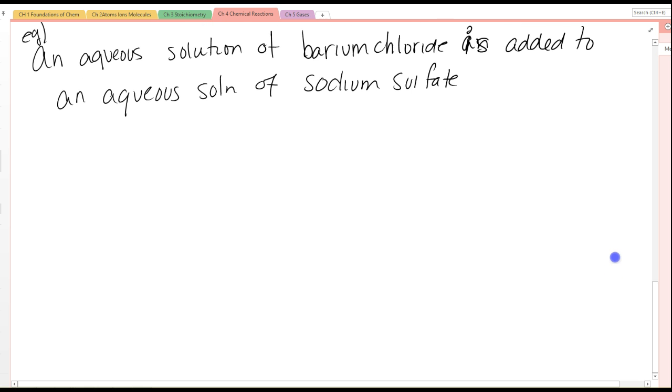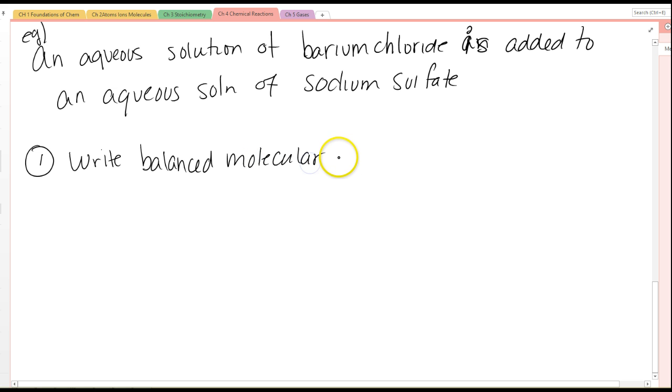So you need to do the following things. The first thing you need to do for class tomorrow is write the balanced molecular equation. Predict the products, predict which one's going to be soluble and which one's going to be insoluble. Once you've done that, you need to write the complete ionic equation.